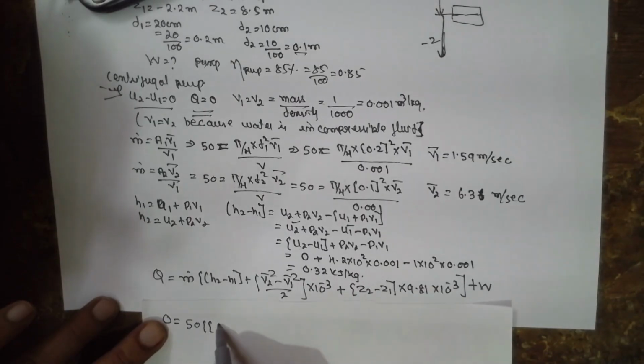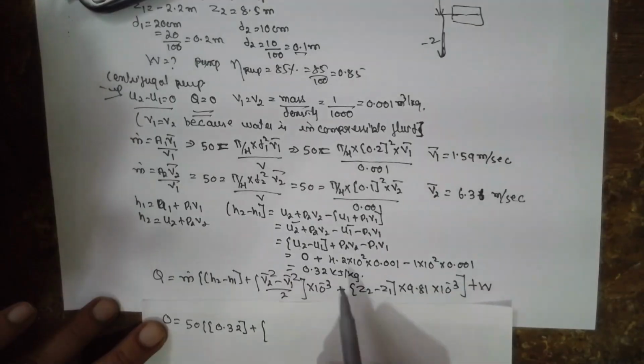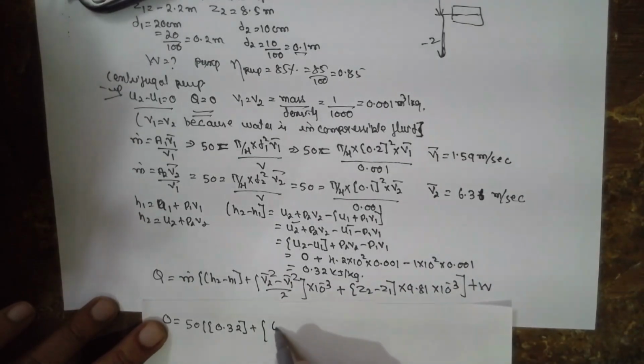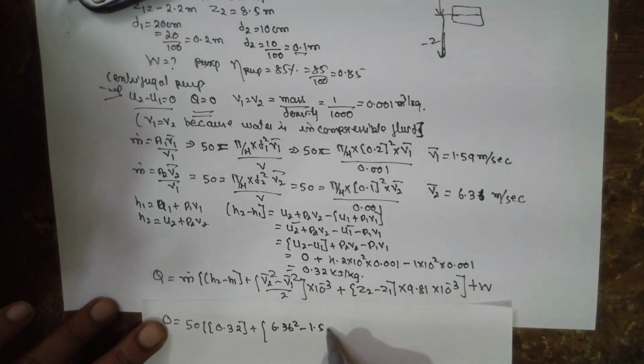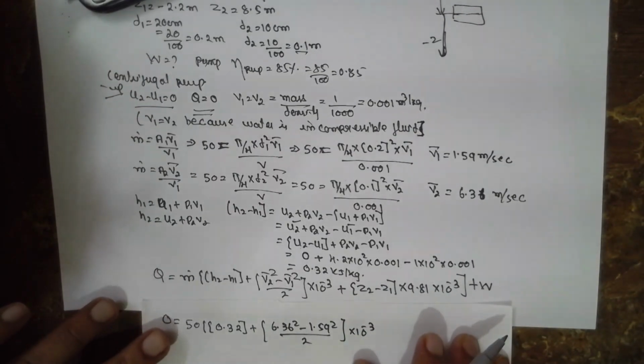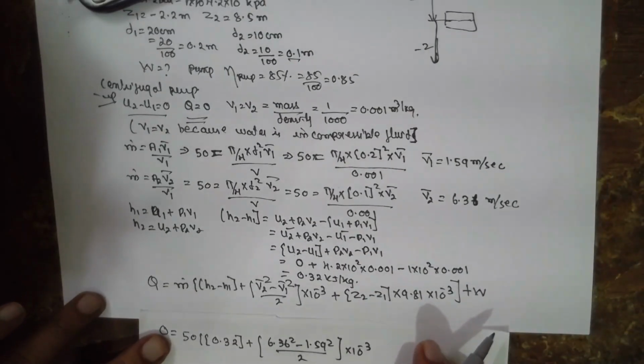H2 minus H1 is 0.32 plus the velocities: 6.36 square minus 1.59 square divided by 2 into 10 raised to minus 3.